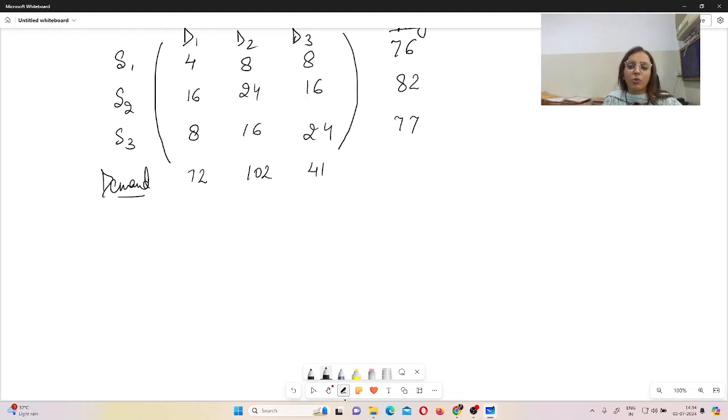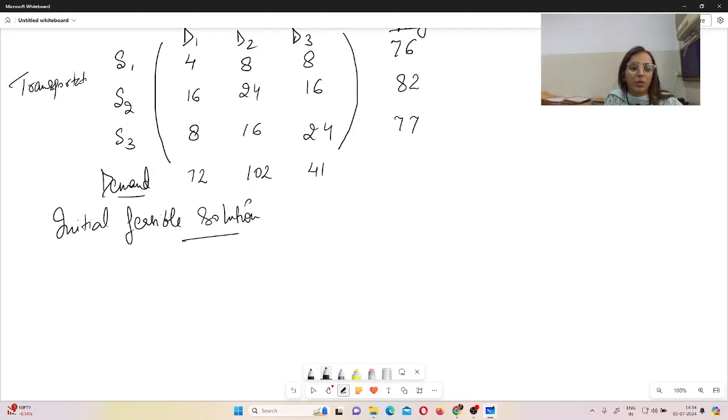From this information, we have to find out the initial feasible solution. This is one of the important questions related to the transportation problem, and one of the important methods is the north-west corner method.